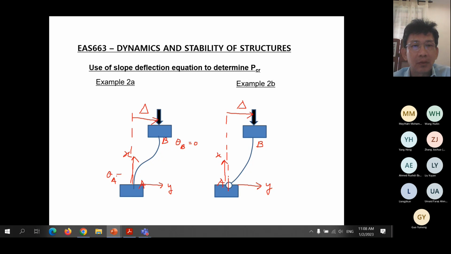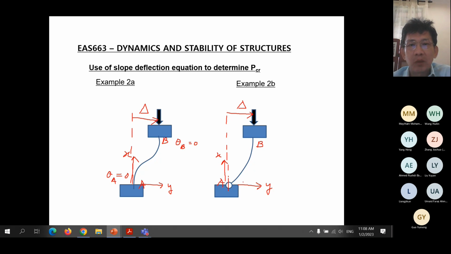We will look at the steps involved in using slope deflection equations to solve for the P critical, and what is the difference compared with the case where there is no end translation delta.